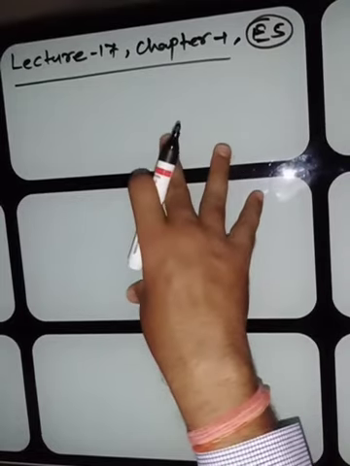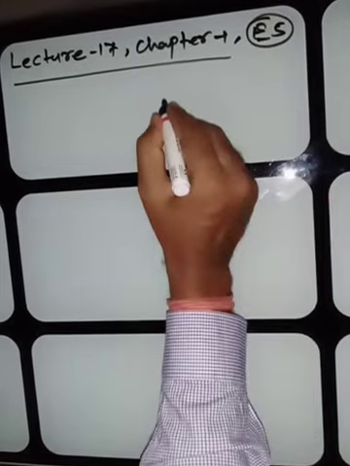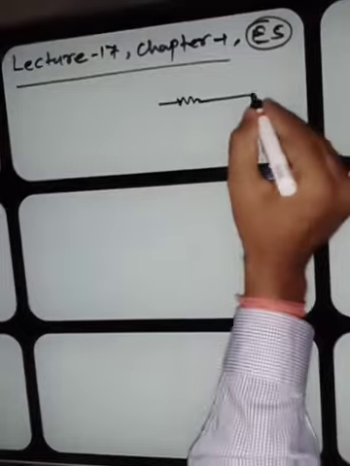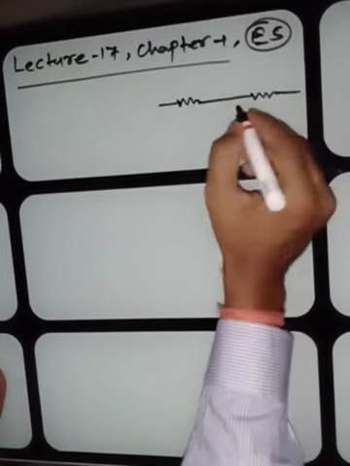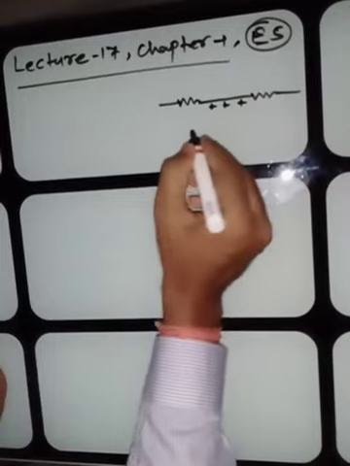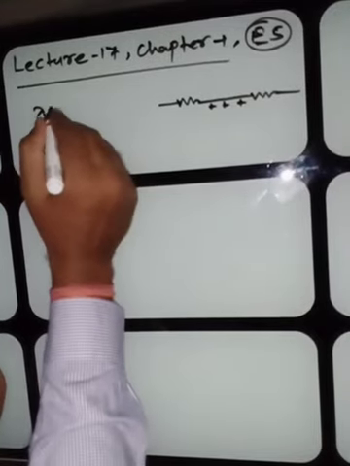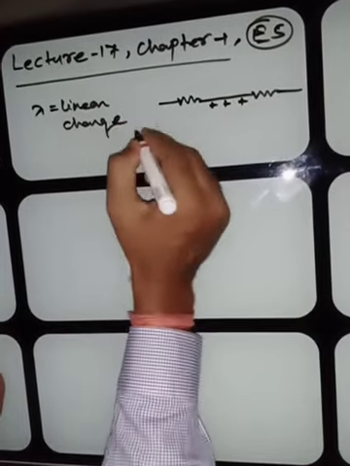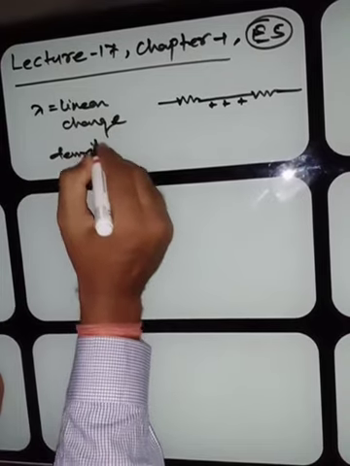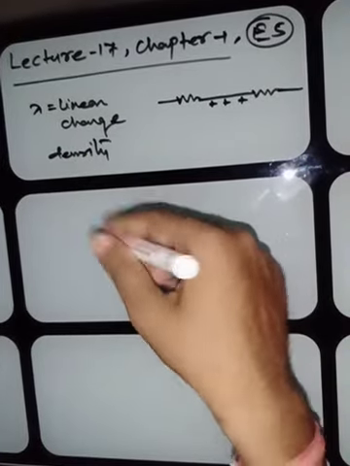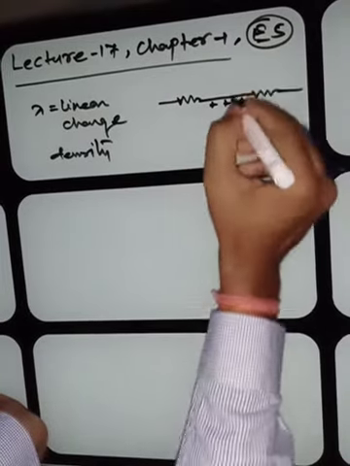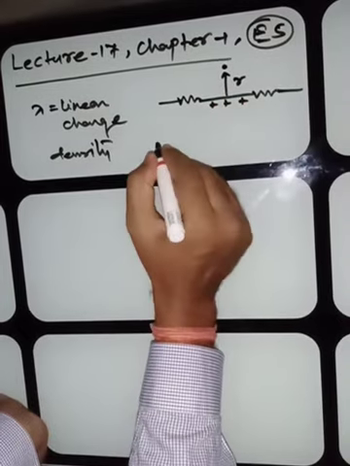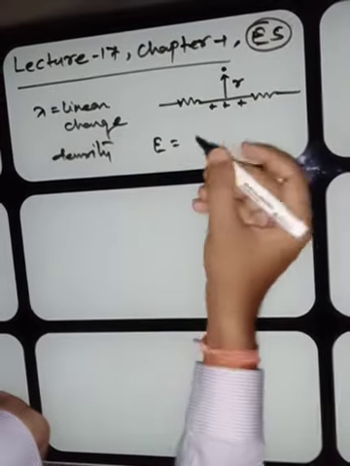In the last class we studied the applications of Gauss law. The first application was the electric field due to an infinitely long conductor, that is a wire. If charge of linear charge density lambda is uniformly distributed, then we studied the electric field at any point at distance r, using a cylindrical Gaussian surface.